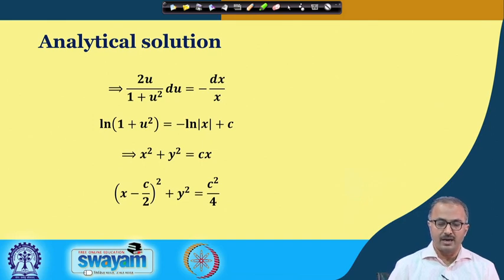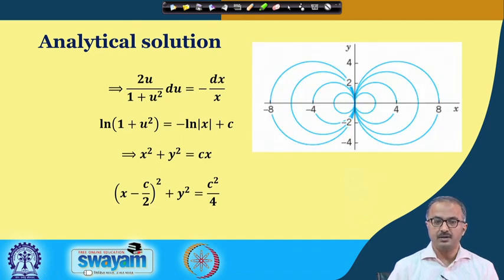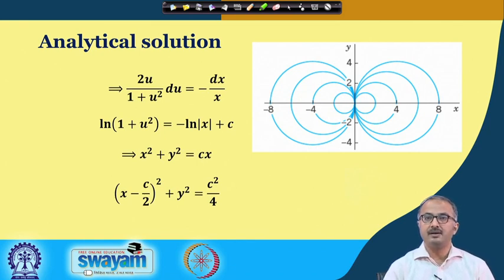Now, after identifying that this represents a circle, we can see how it will look. Here you see that by changing the value of C, we are getting a family of circles.